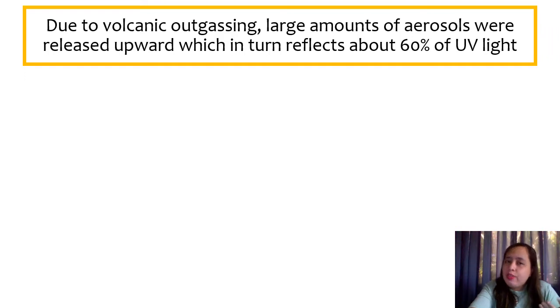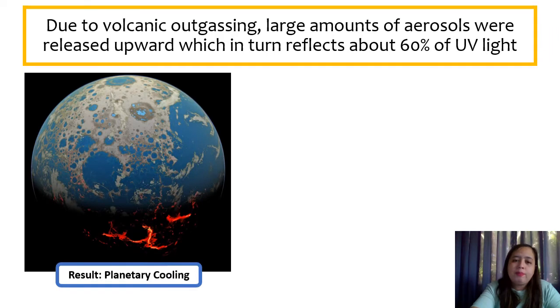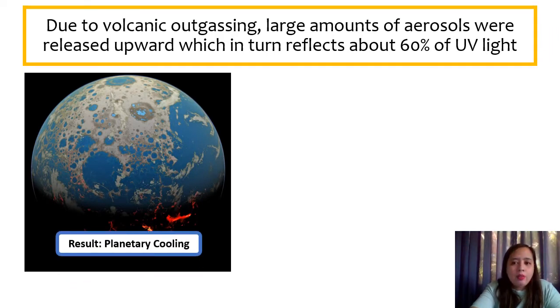Now, due to this volcanic outgassing, large amounts of aerosol were released upward, which in turn reflects about 60% of the UV light, and resulted in what we call planetary cooling. And because your planet now starts to cool, it can now store your liquid water.